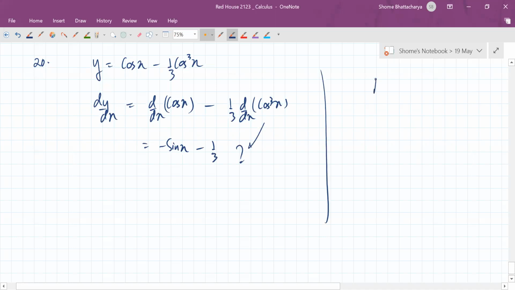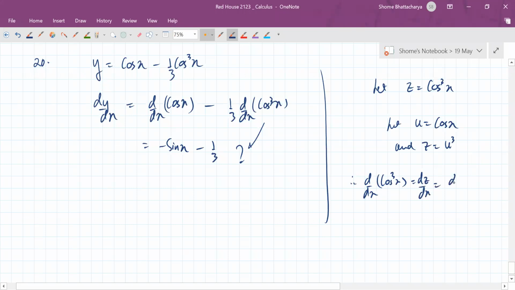Okay. So let's take u as cos x and z as cos cube x. So therefore differentiation of cos cube x can be written like this: it is dz by du into du by dx.